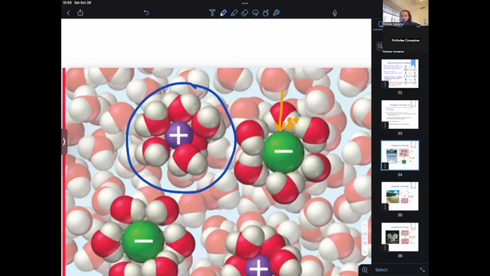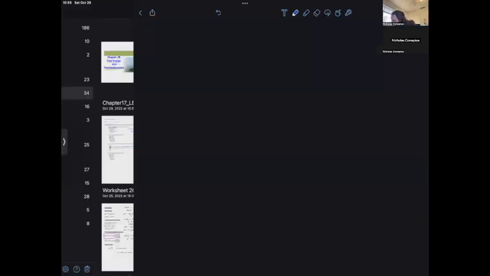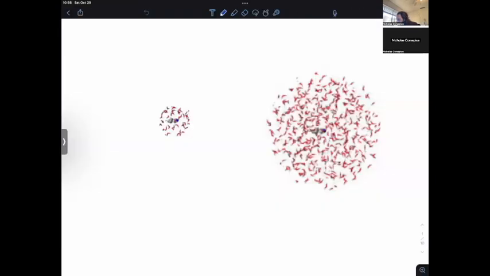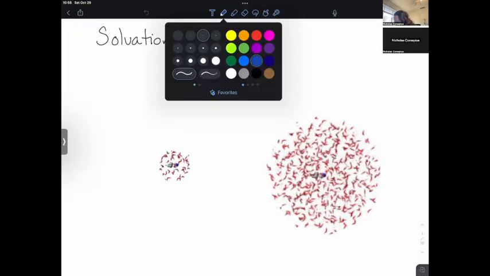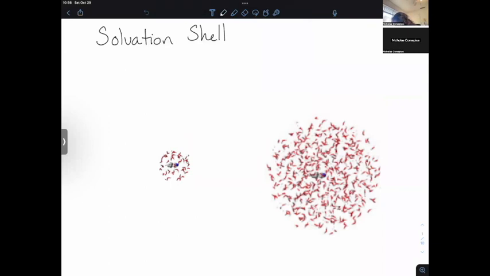So let's take a look at two specific examples here. The sodium ion. We know that most sodium compounds are soluble. When you take the sodium ion and dissolve it into water, it has a positive entropy. Let me get my little cheat sheet here.